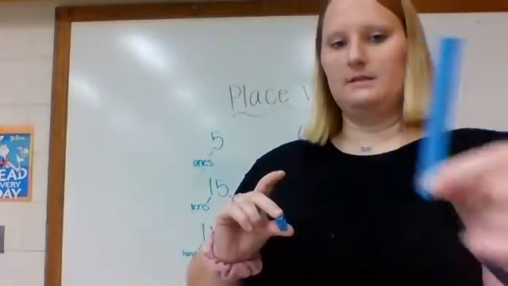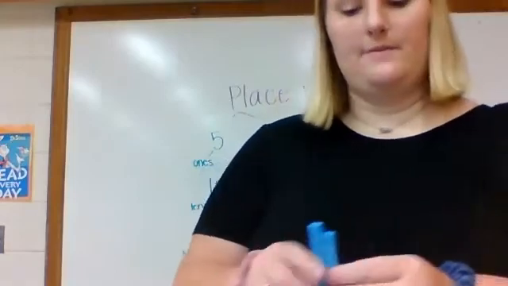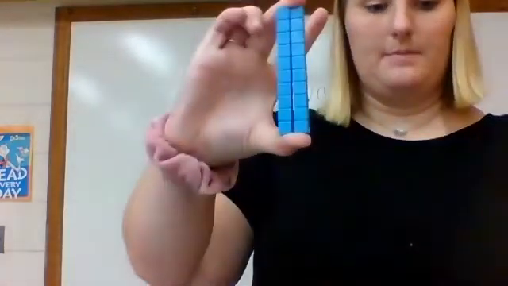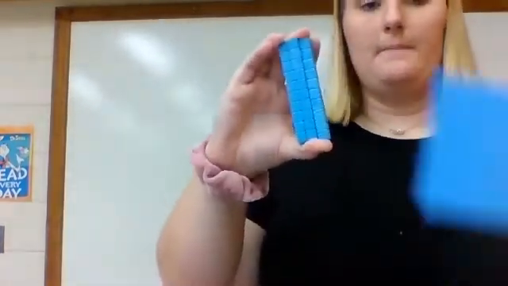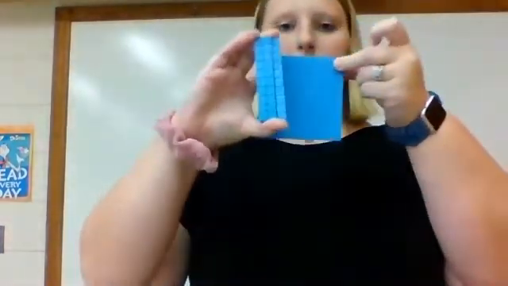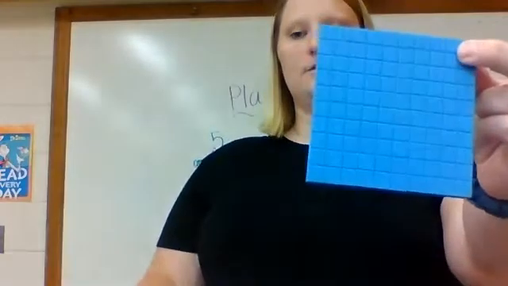This is the 10. And then if you stack 10 of these up, you're going to get what? The hundreds. So 10 of these make this one. It's a little trick.